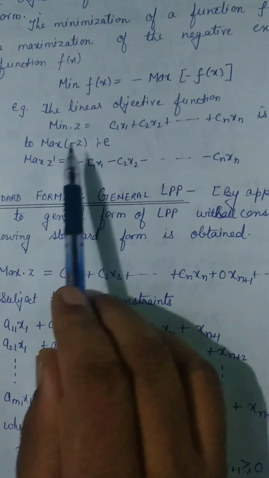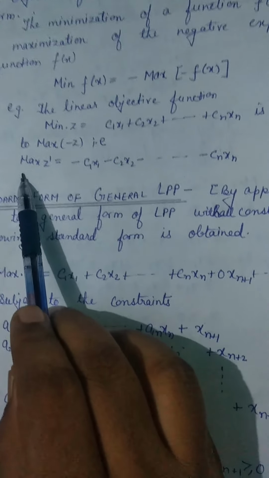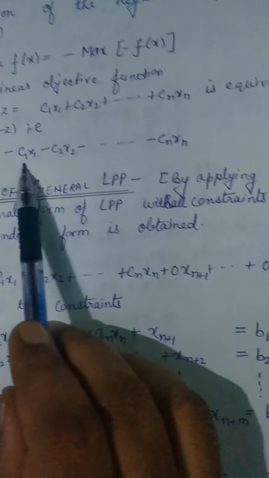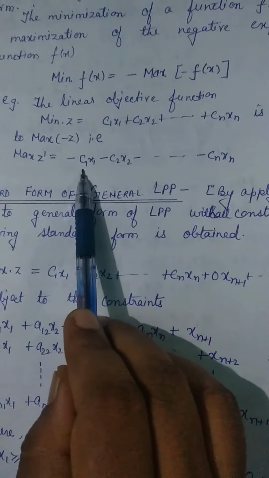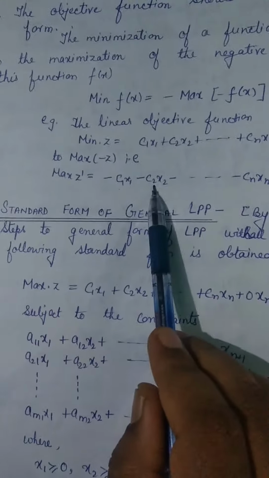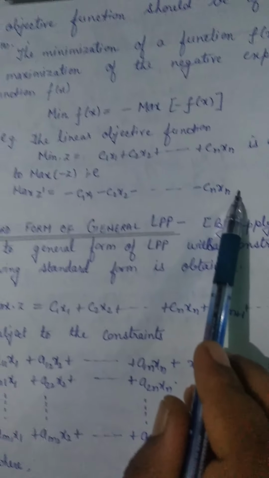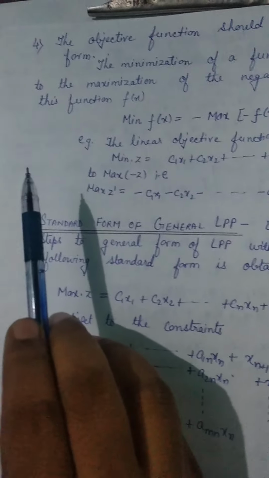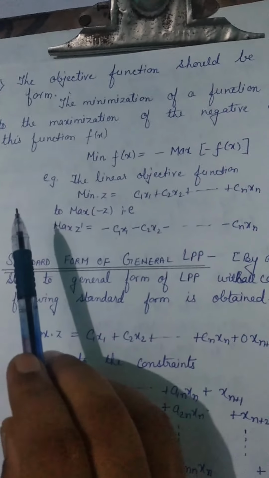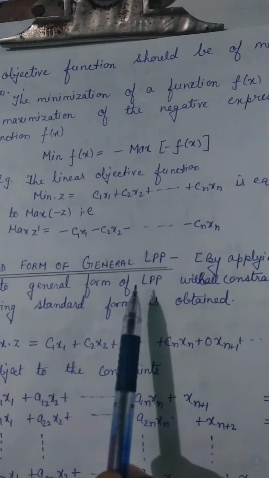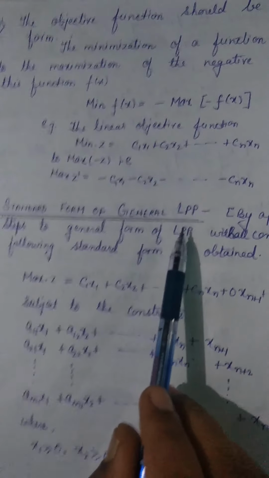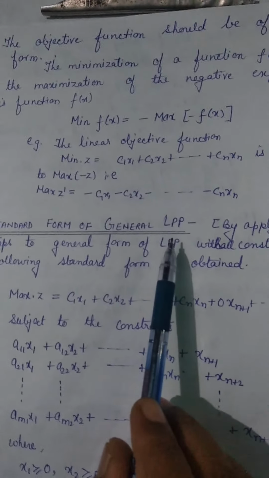That is, if minus z is z dash, max z dash will be equal to minus c1x1 minus c2x2 minus cnxn. So these are the 4 steps to form the standard form of general linear programming problem.